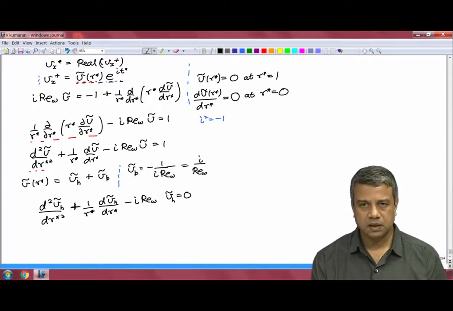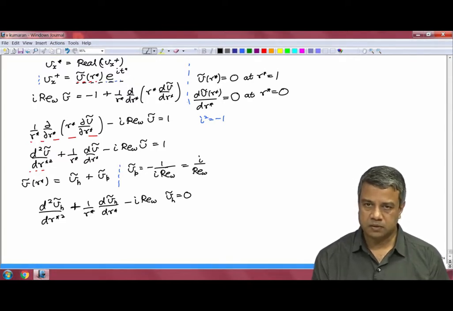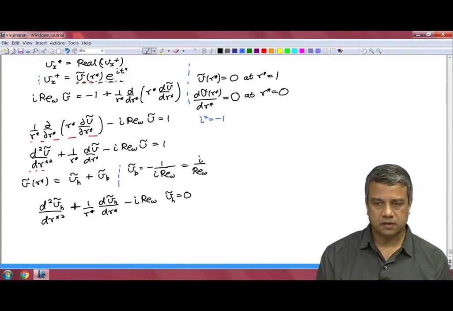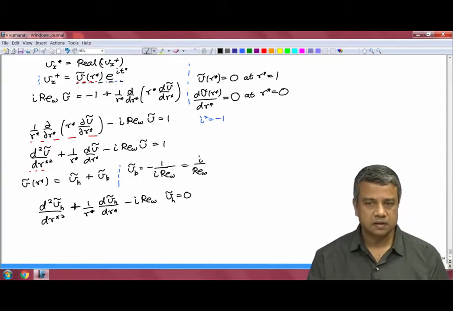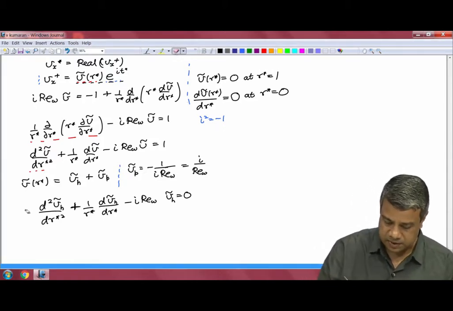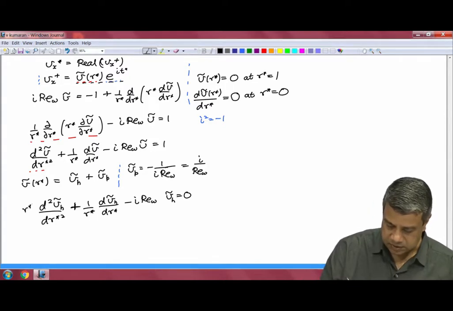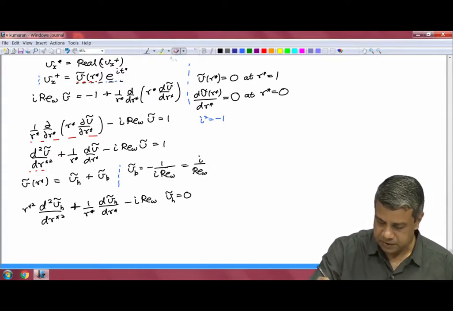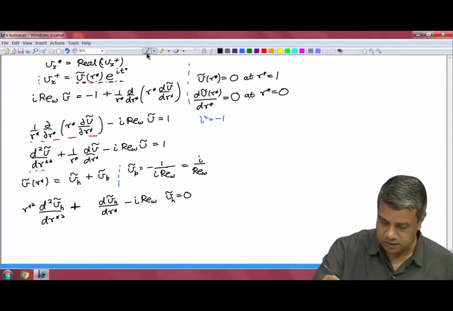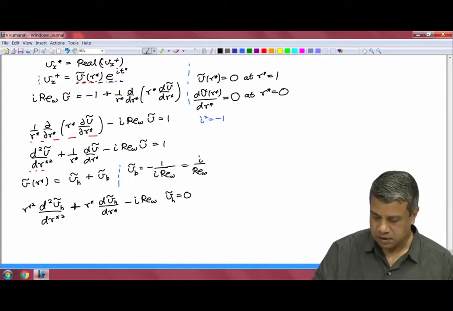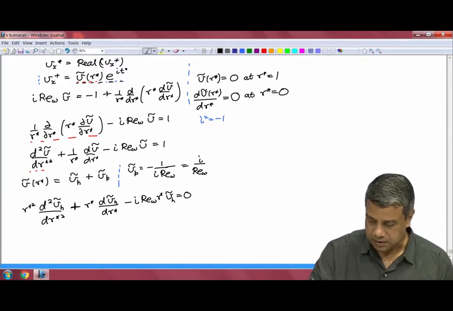Okay. And I can multiply throughout by r square to get it of a more familiar form. So, I multiply the entire equation by r square and I will get r square on the first term. The second term will just be proportional to r and the constant has an r square in it.